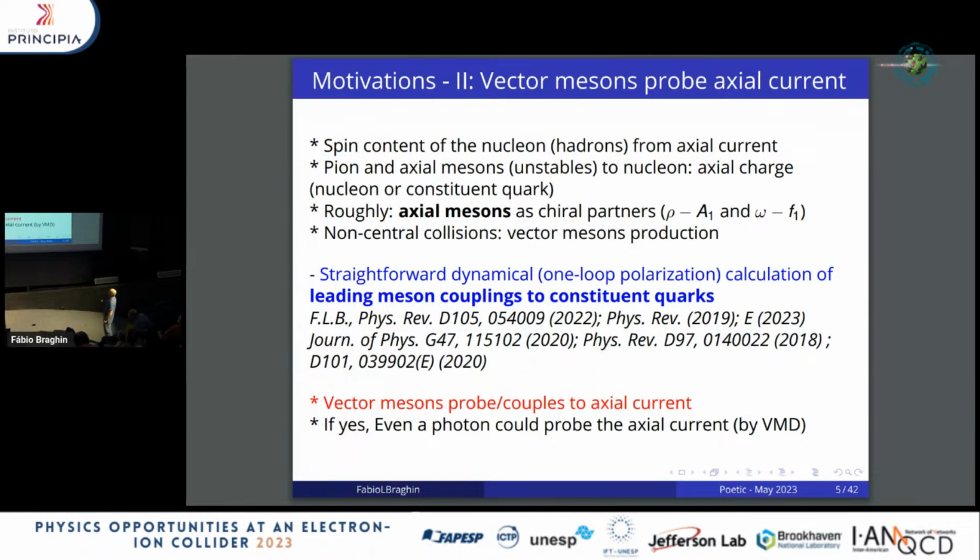Usually, you take pions or axial mesons to couple to the nucleon, to the axial charge. And in the framework of the constituent quark model, which is quite a reliable model for the hadron spectra, these mesons could couple directly to these constituent quarks.